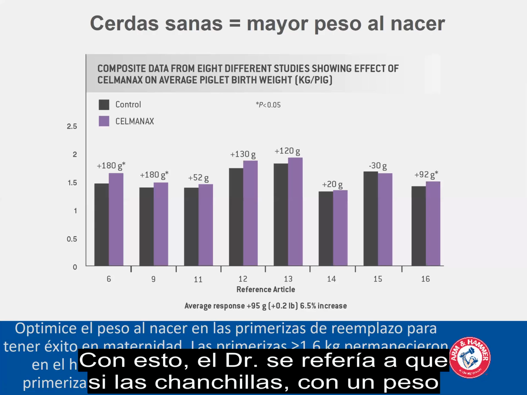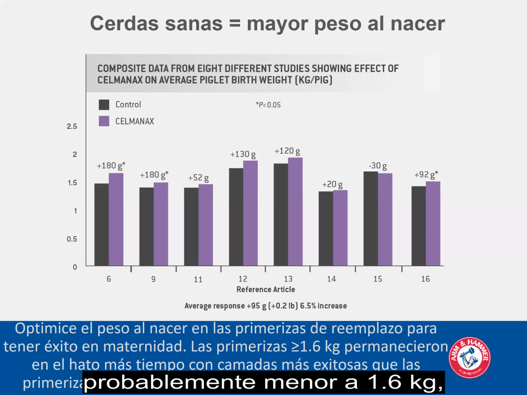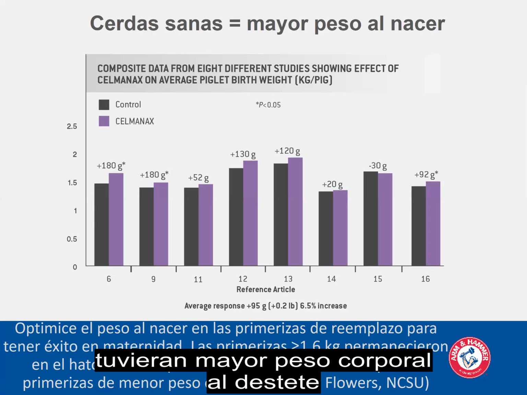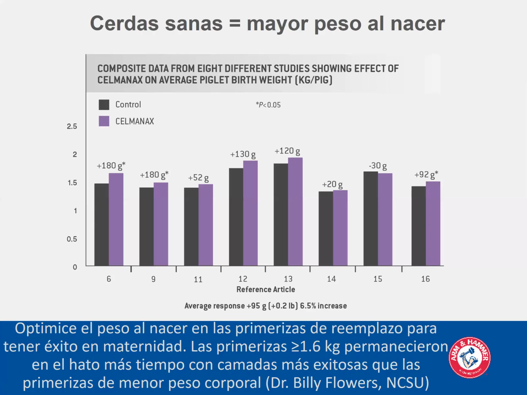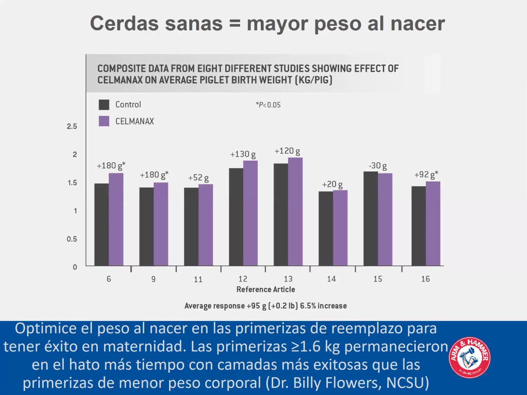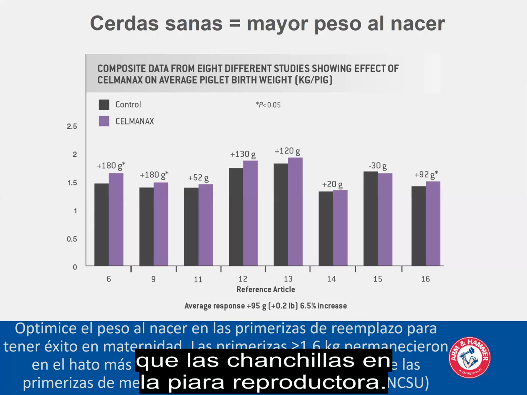And what he meant by that is he said, even if those lower birth weight gilts, maybe less than that 1.6 kilograms, even if they had higher body weights at weaning, still showed that they would not be successful as replacement gilts in the breeding herd.